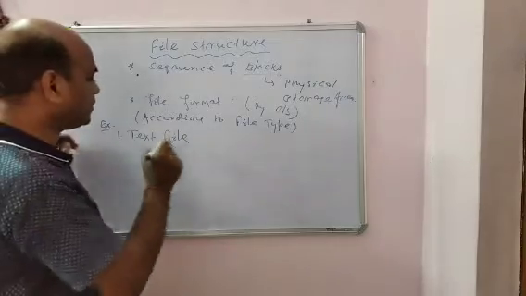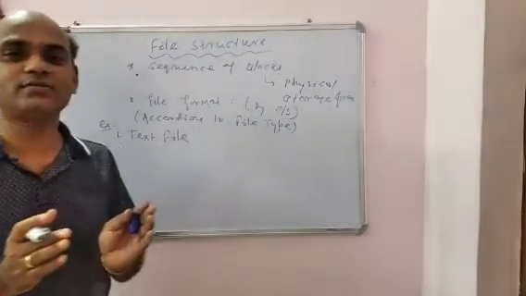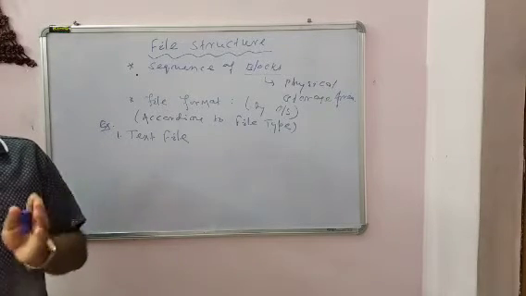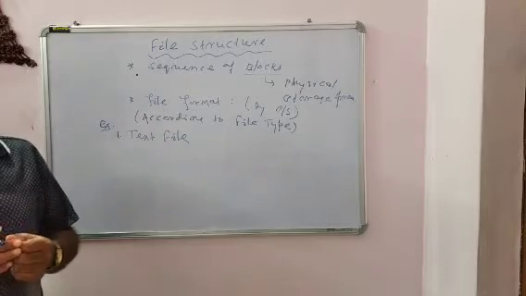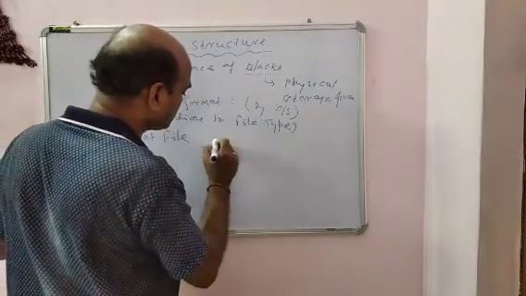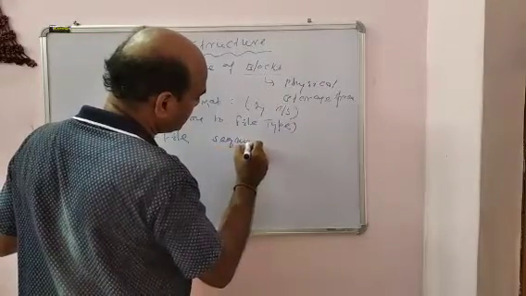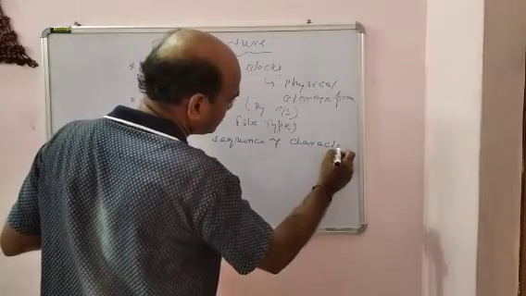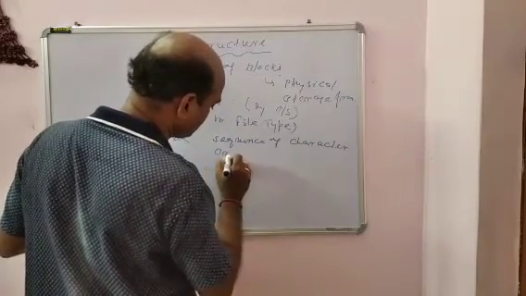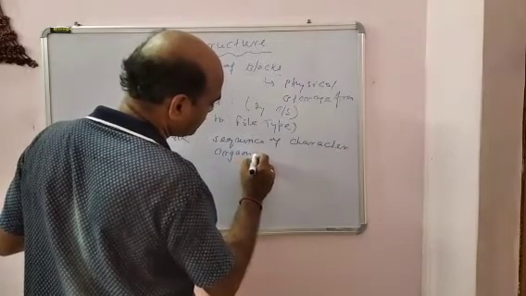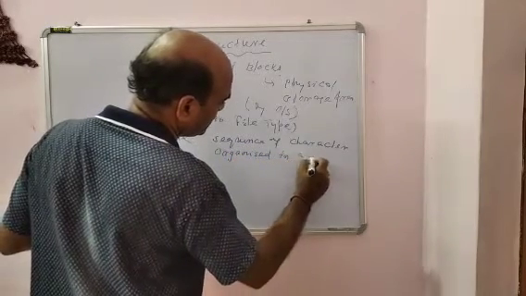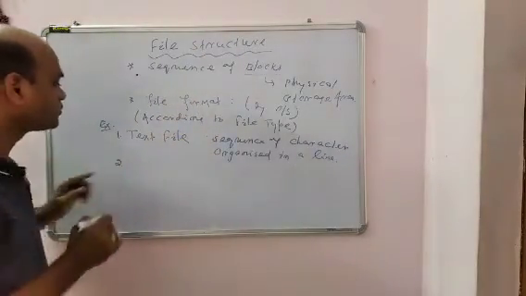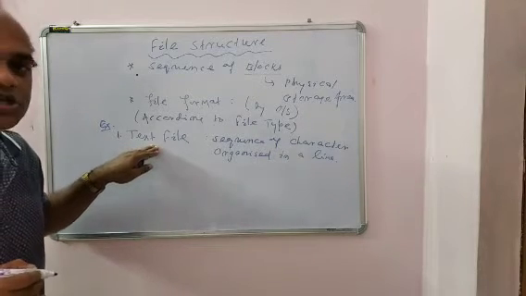In a text file we are storing a sequence of lines, a sequence of characters organized in a line, whose extension will be .txt.